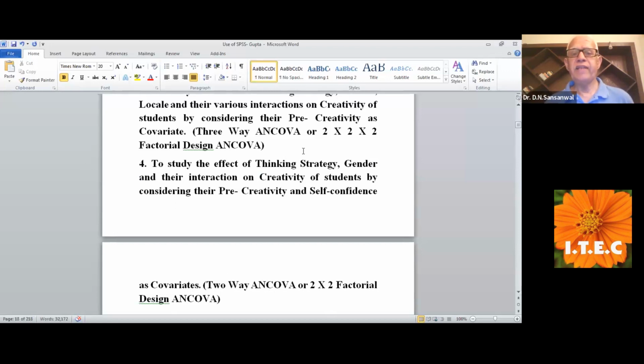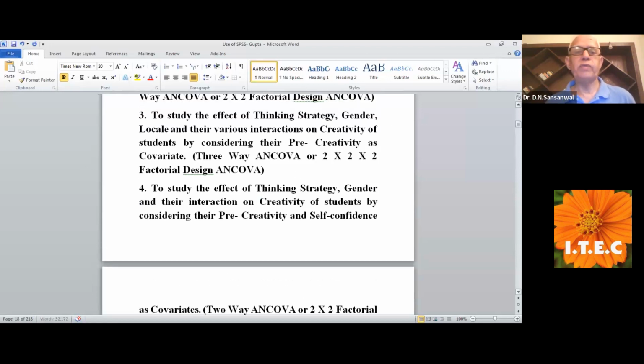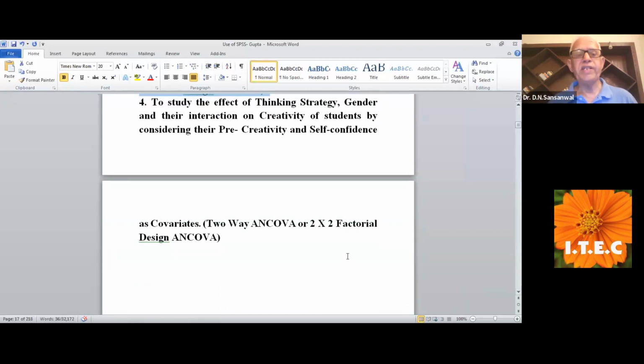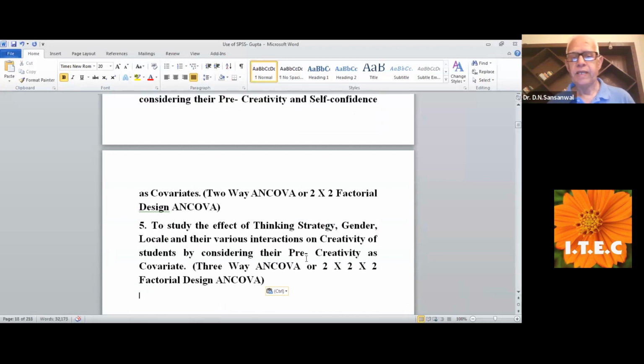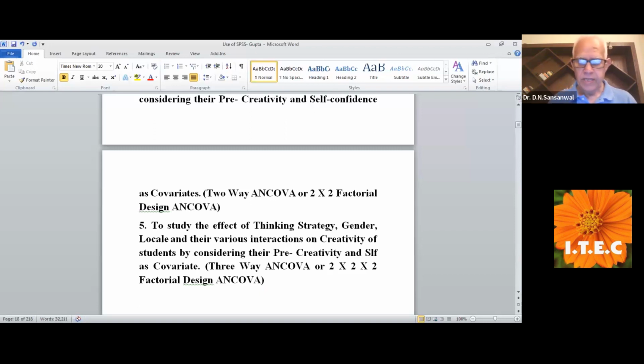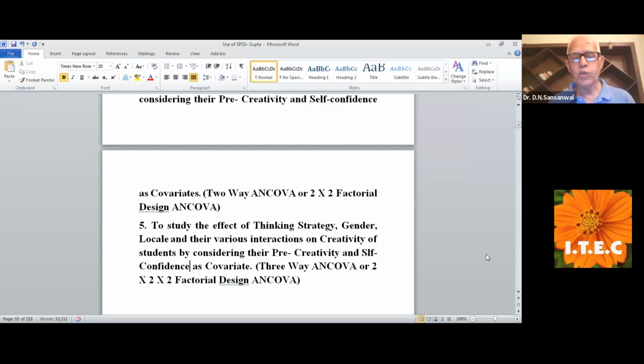So you can have another, no problem at all. You can change this also. So you can take as many covariates as you like. By considering pre-creativity and self-confidence as covariates. So if you want to write more objectives, you can write.